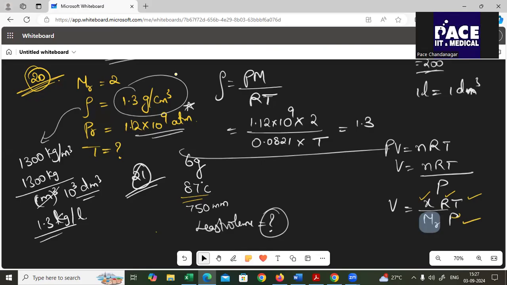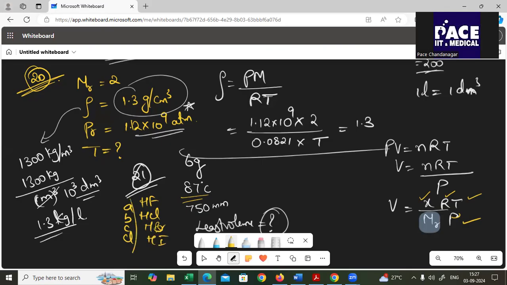Let me give you the options here: A, B, C, D are HF, HCl, HBr, and HI. Which one has the least volume under these conditions? Everywhere the conditions are the same, so all of it is the same except the molar mass.